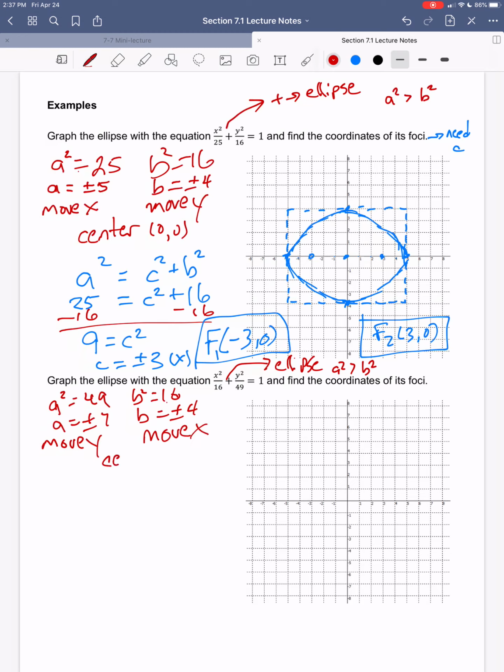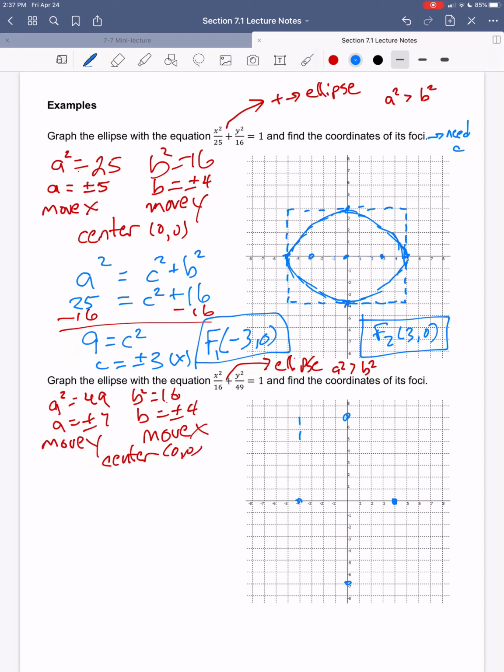And again, move from where? Well, my center is again going to be the point 0, 0 because it's just x squared and it's just y squared. So if I plot these points, I move 7 up and down from the center, and I move 4 left and right.